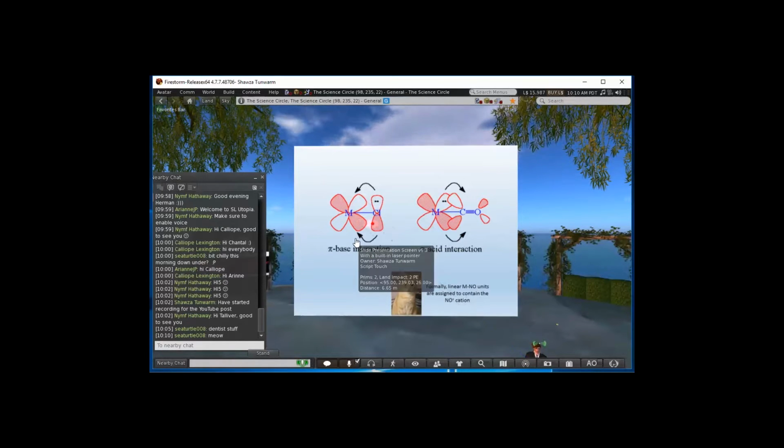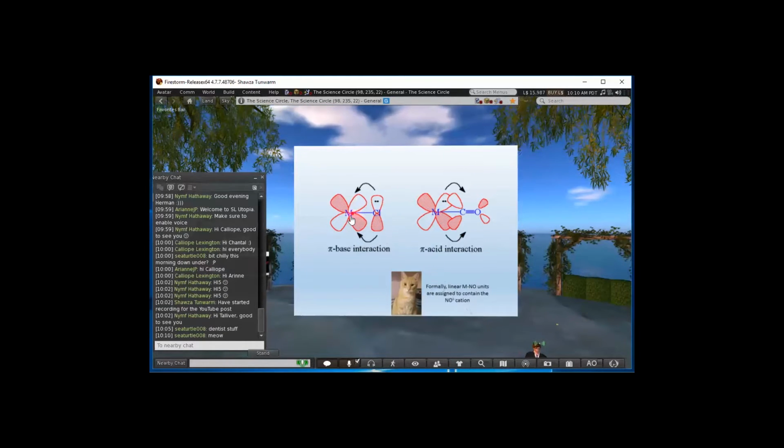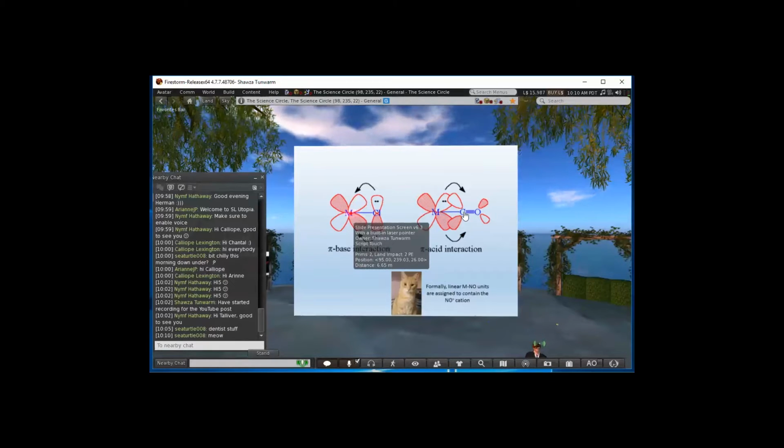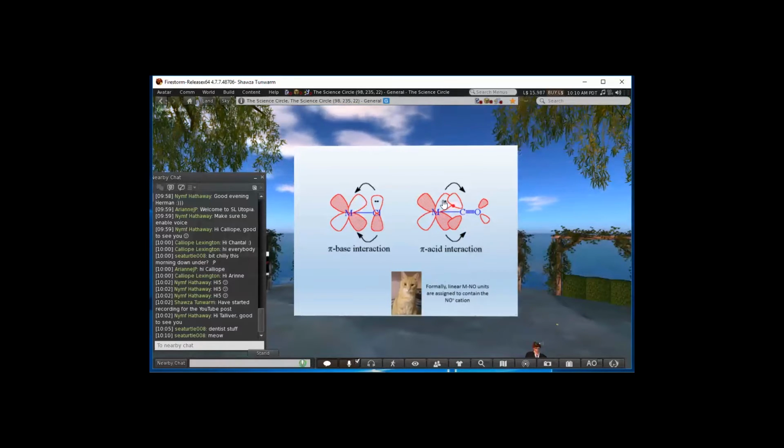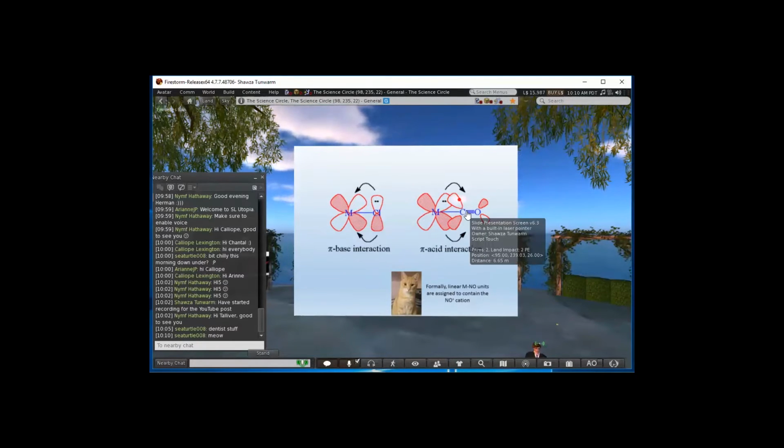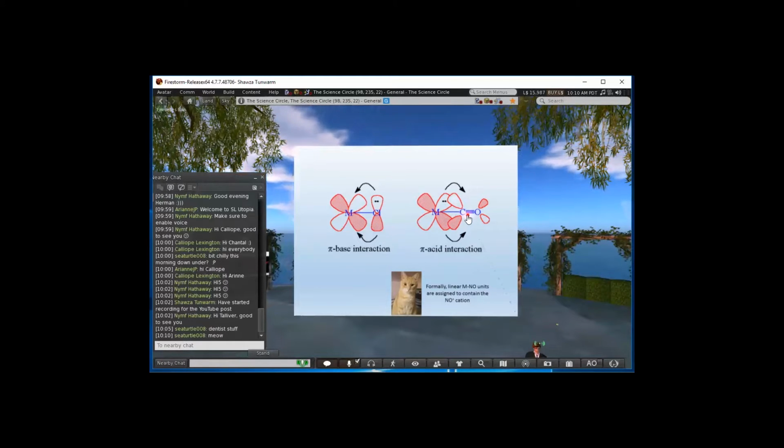And the sideways donation is tricksy. It can go from a non-metal to a metal, but it can also, if you have something like carbon monoxide or nitric oxide, go from the metal to what we'll call the ligand. And CO has exactly the same number of electrons as NO+, the NO+ cation, as it were.